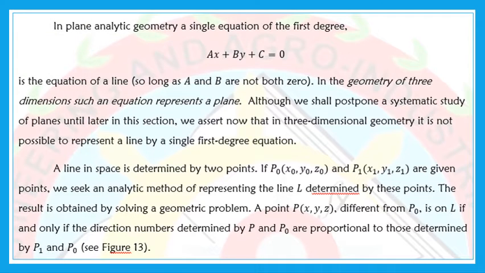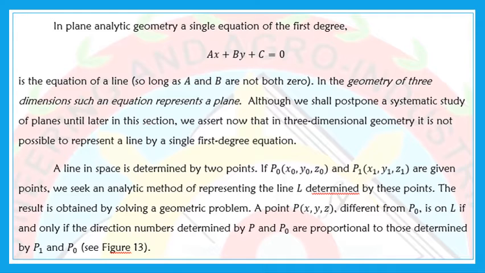In plane analytic geometry, a single equation of the first degree, ax plus by plus c equals 0, is the equation of a line, so long as a and b are not both 0. In geometry of 3 dimensions, such an equation represents a plane.